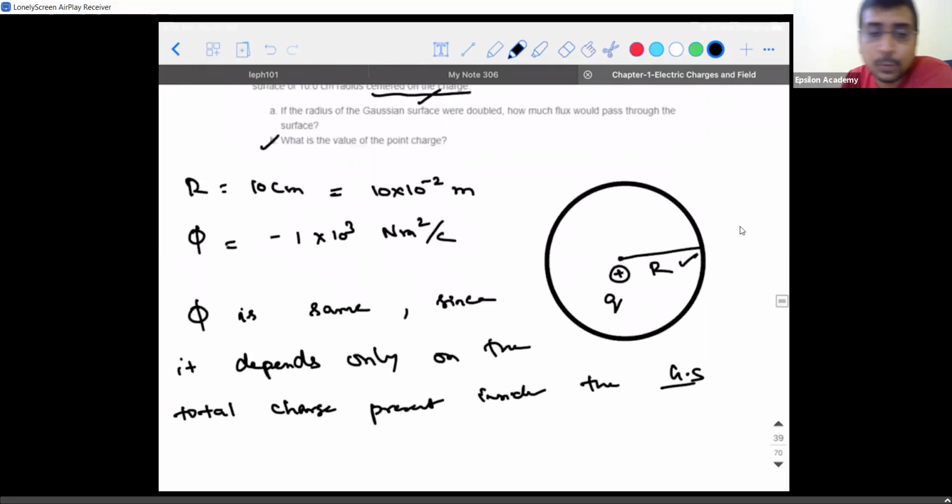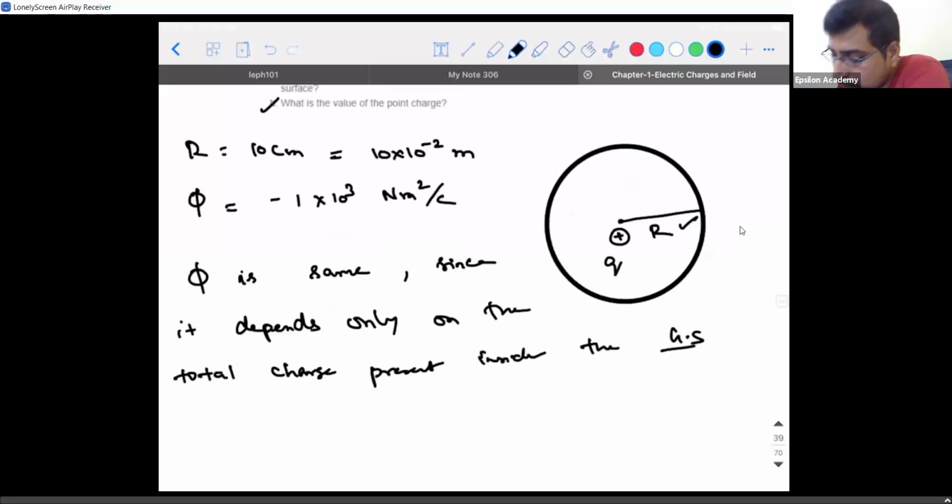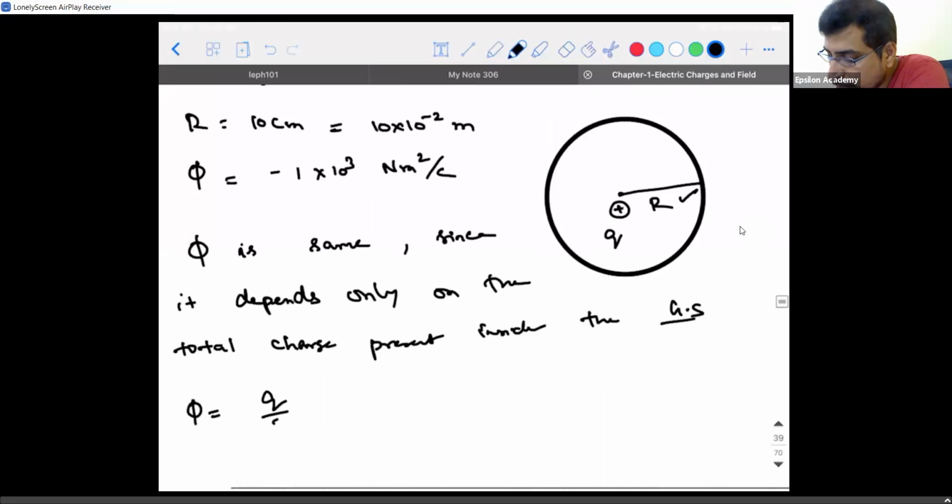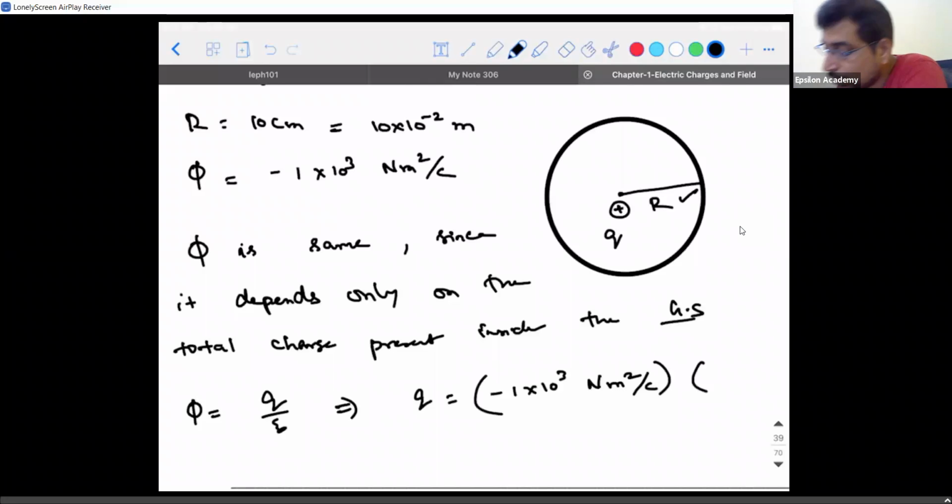So what is the value of point charge? This you can calculate. Flux is equal to Q divided by epsilon naught. So Q is equal to flux, that is -1 into 10 power 3 Newton meter square per coulomb, into the value of epsilon naught, which is 8.85 into 10 power minus 12.